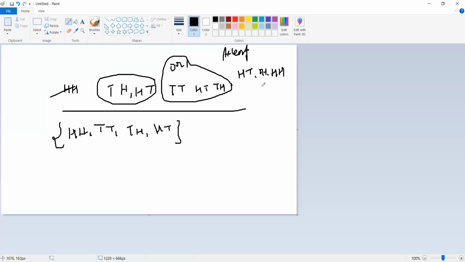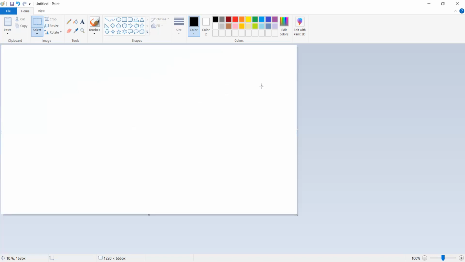Okay, one last question on probability, then we'll go back to our book. If I roll a dice 2 times, what is the probability that I get a prime number as output?